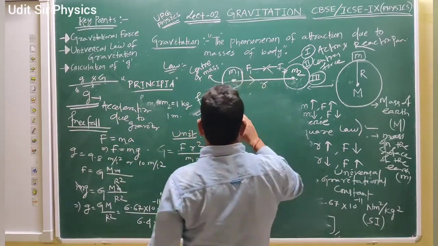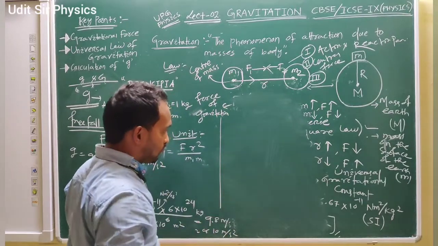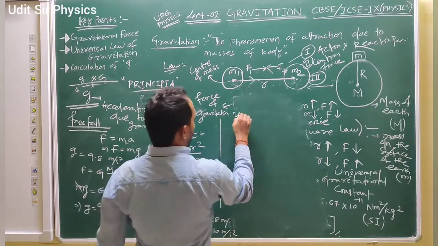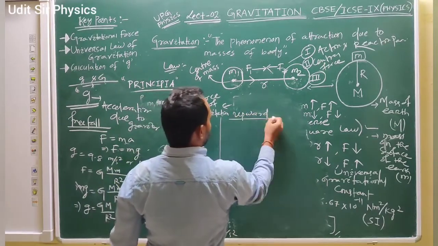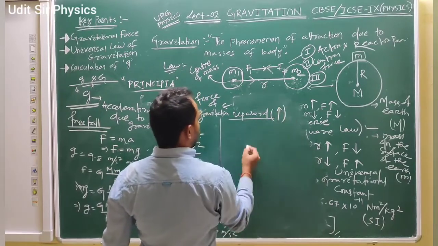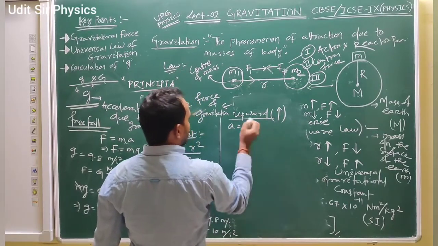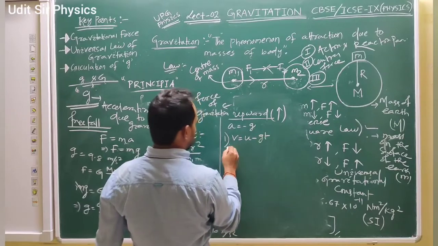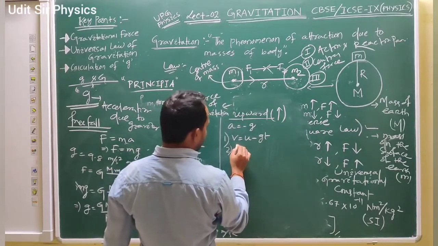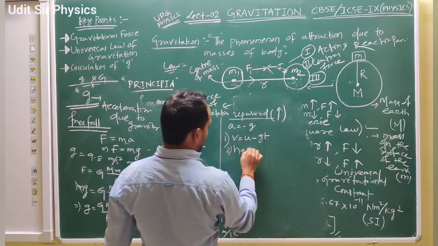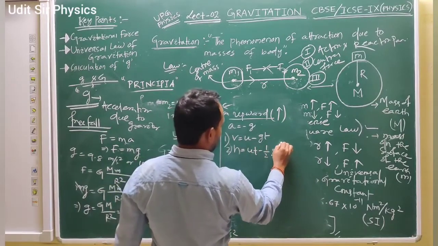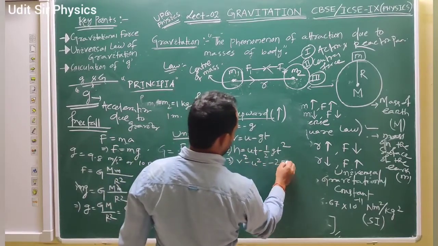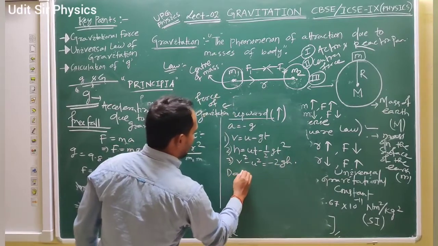Okay, in our previous chapter, motion and laws of motion, we know that for motion under gravity, the equations of motion in upward direction: we can take a equal to minus g, and the equations of motion are v equal to u minus gt, h equal to ut minus half gt square, then v square minus u square equal to minus 2gh.